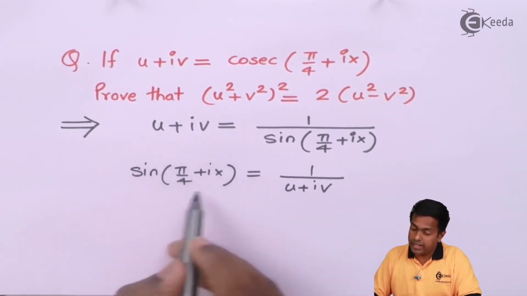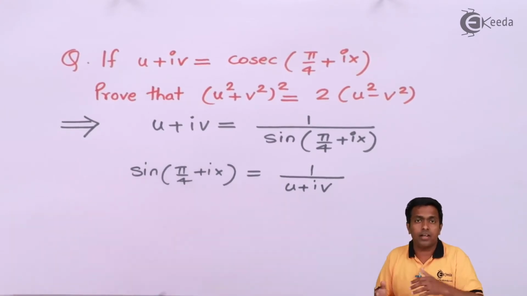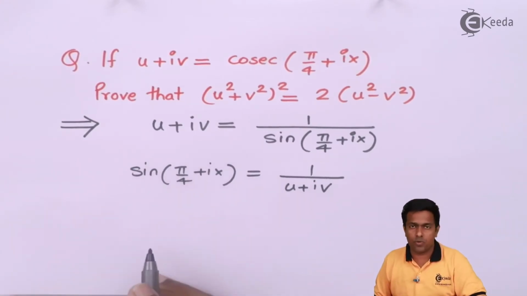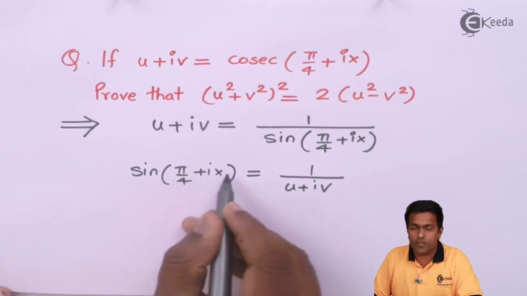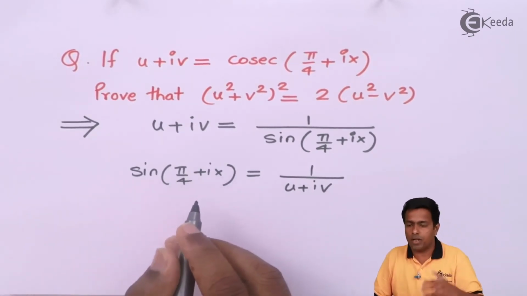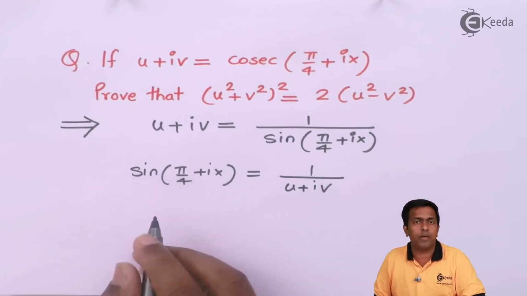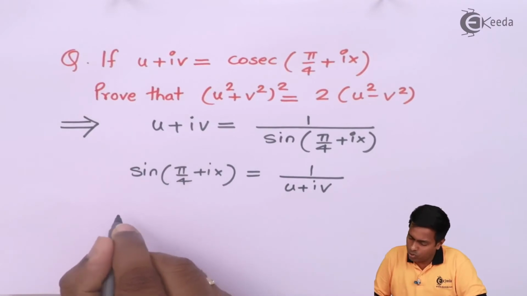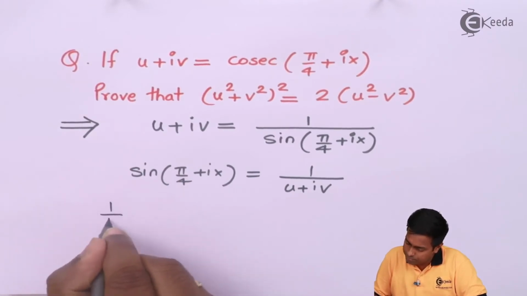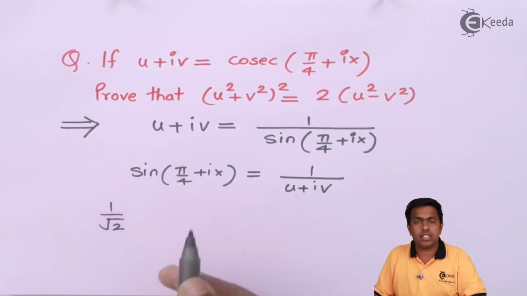Now we can expand this and we can convert it into real and imaginary part. So we can separate it into real and imaginary part. So this is sine of (a plus b). So let's apply the formula. First is sine a, that is sine pi by 4. So guys, here sine pi by 4 we all know it's 1 upon root 2. Then cos ix.